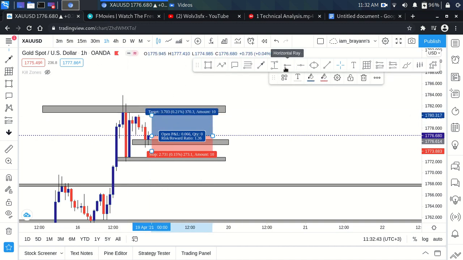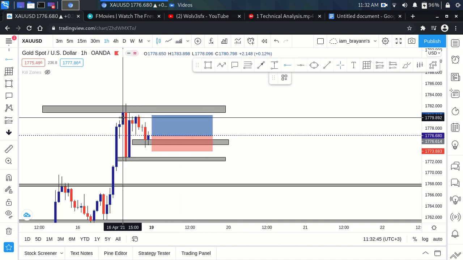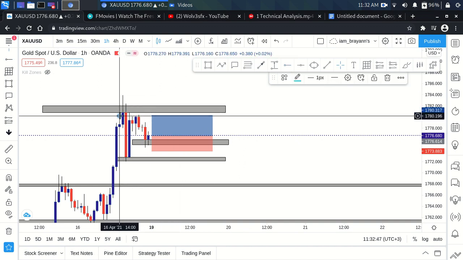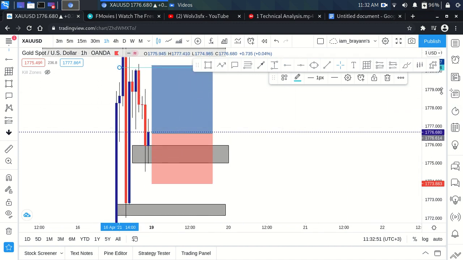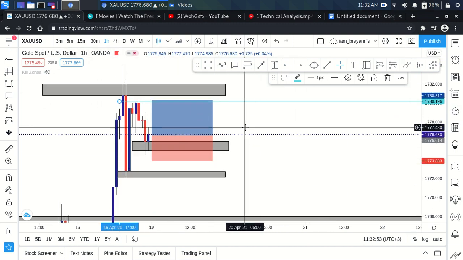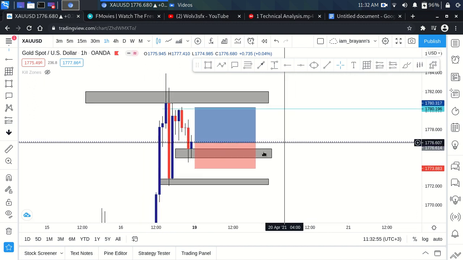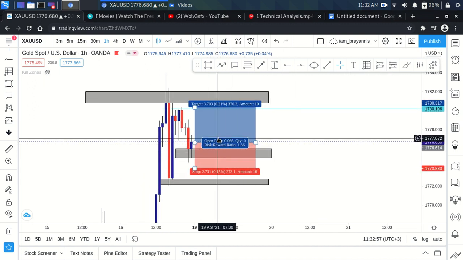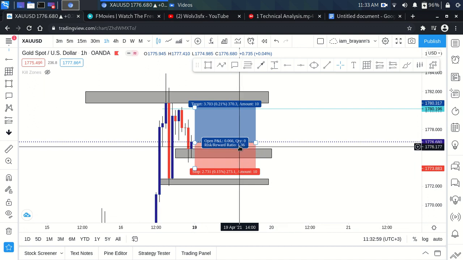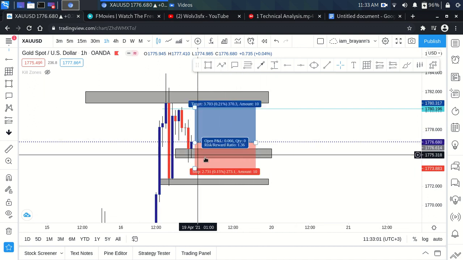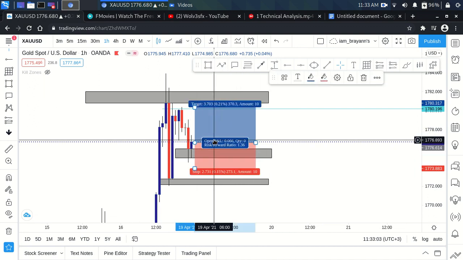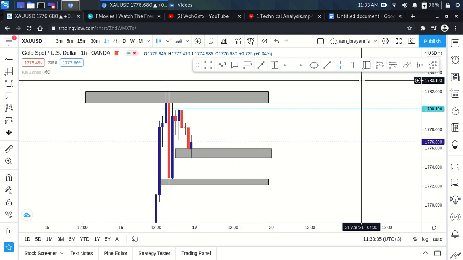Let's mark it up with a horizontal ray right there. Yeah, so that's how I do my technical analysis. Other people may do it differently, and you can see the risk reward ratio is 1:1.36.